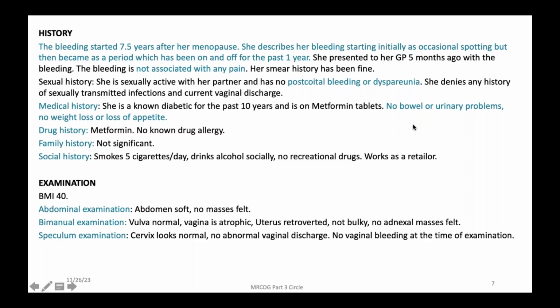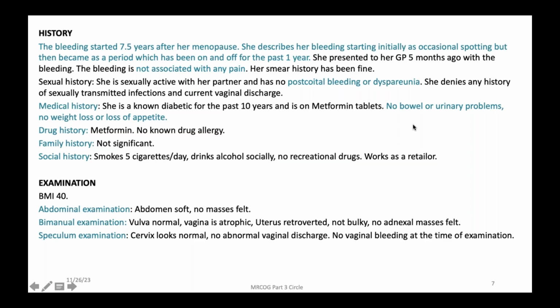This is the history that I'm going to give you, and the examination findings for you to read, so you can have an idea and know what you're going to do next for this patient. So you don't say cervix looks normal, all that. You just say speculum examination to visualize the cervix and to see if there's any bleeding or any abnormal discharge.